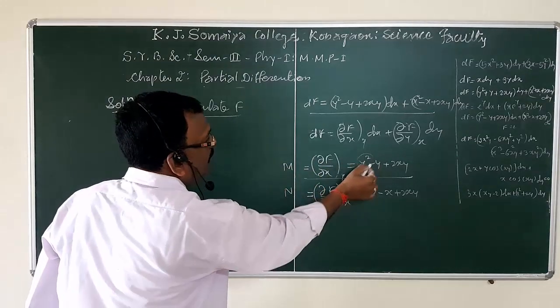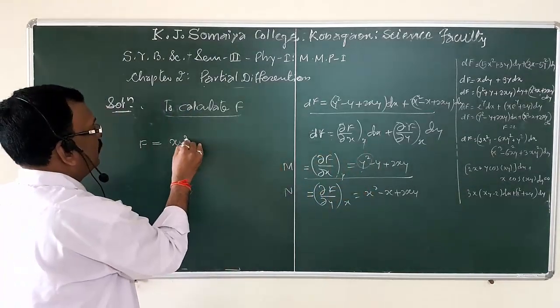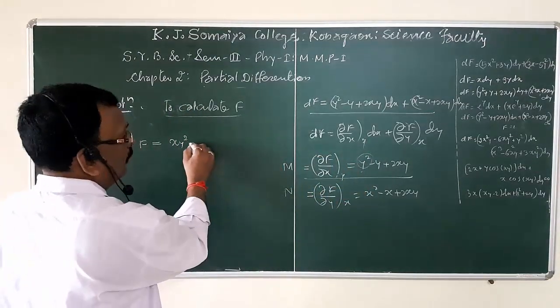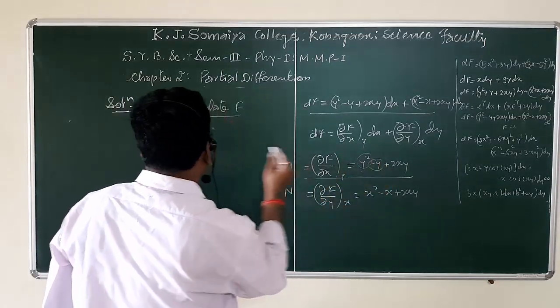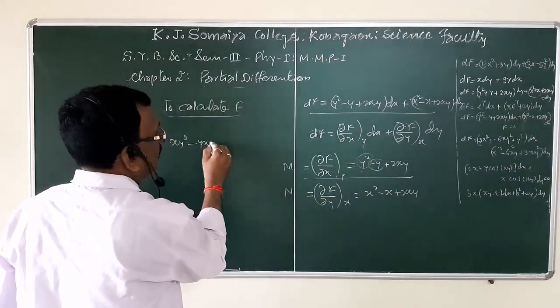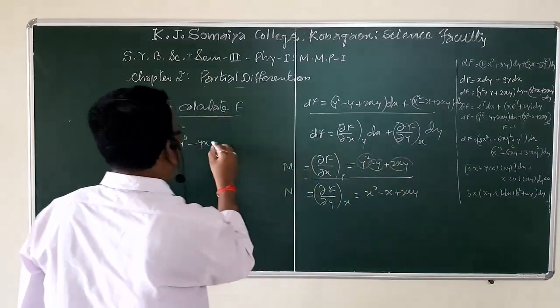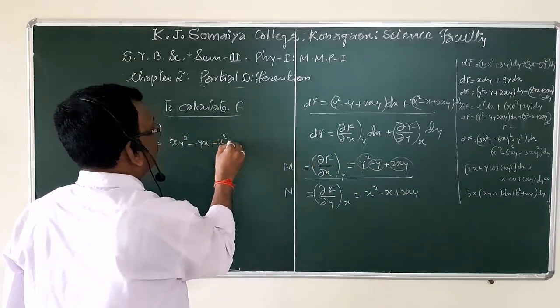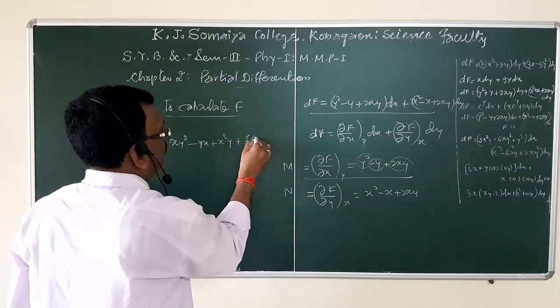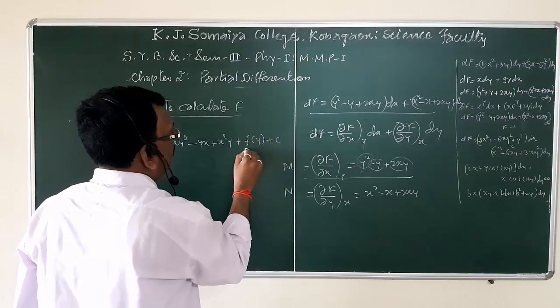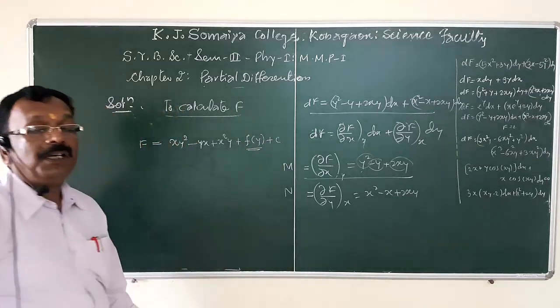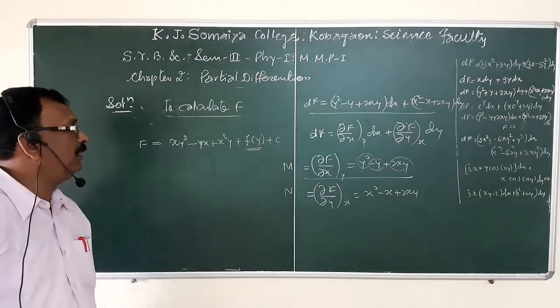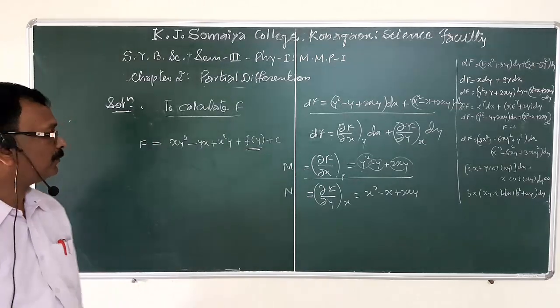Hence, integration of y square is x y square. Now, integration of this term is minus yx, and integration of this term is plus x square y plus f of y plus c, where f of y is a function of y only and c is the constant of integration.